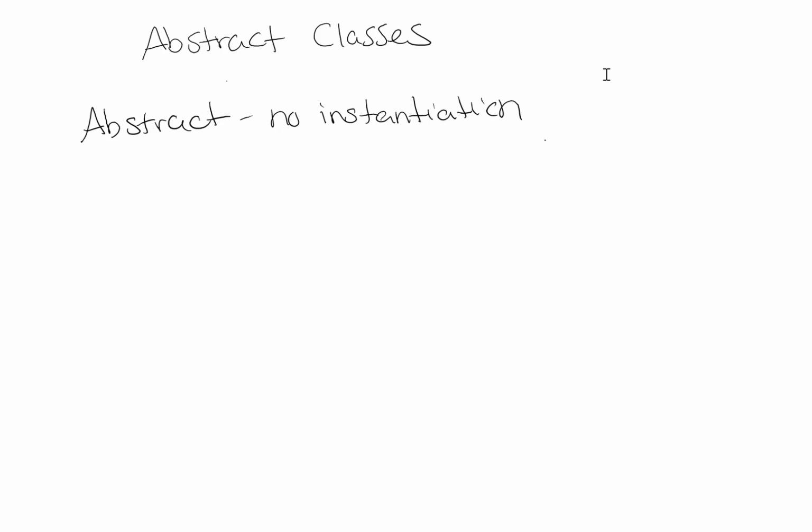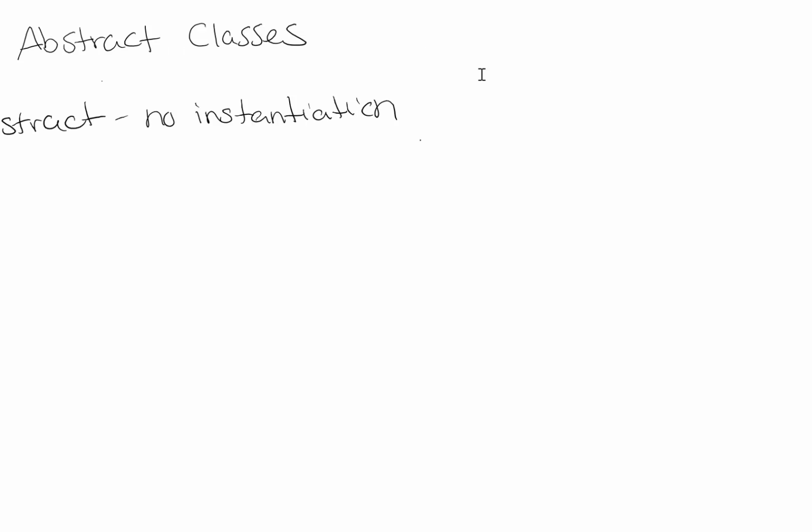So that basically means that we can use it as a base class, and these classes cannot instantiate objects, but we can create instances of their derived classes.